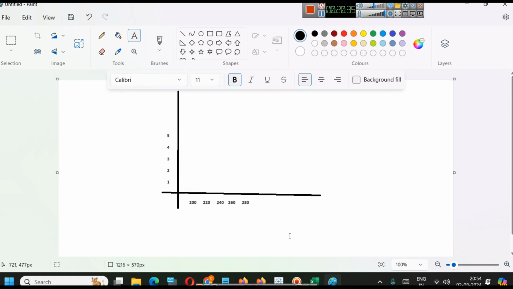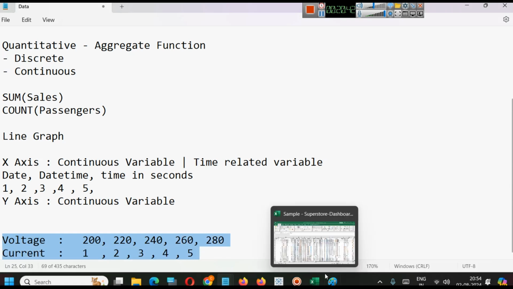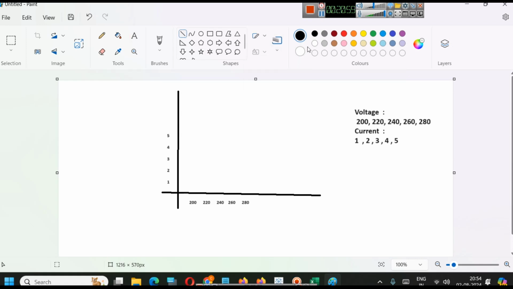So for voltage, let's copy this, go to our graph and paste it here. When voltage was 220, current was 1. We are taking a very thin line. This is a line where voltage is 200, and this is the line where current is 1.